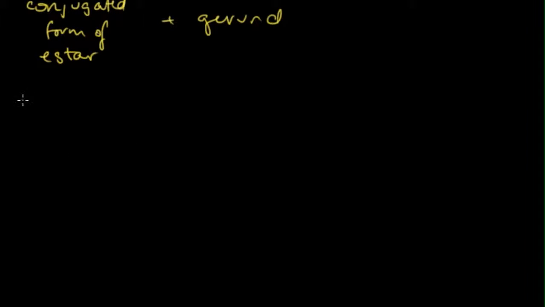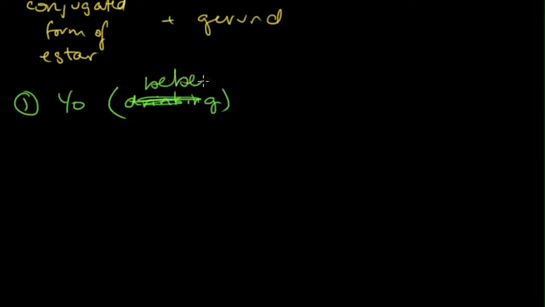So let's look at some examples. We'll start off with something easy. Yo, and at this moment in time, I am drinking. Sorry, I should put that in Spanish. The verb is beber. Un vaso de agua. Alright. So, first we have to conjugate our form of estar.